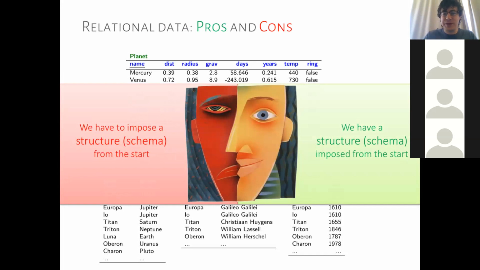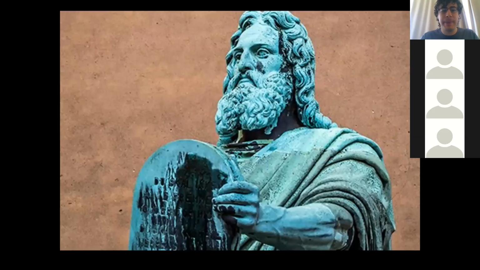Essentially, we're always enforcing, for example, that the planets of the moons appear in the planet table, right? So we're maintaining more structure by imposing the schema right from the start. This is very much an authoritative set of rules that you must follow when you're adding data, or when you are adding new types of data to your relational model.